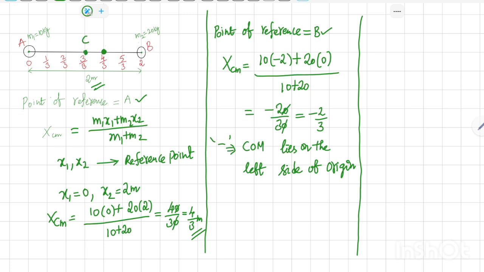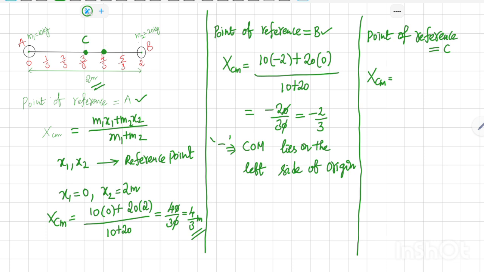So I am giving that point the name C. Now the point of reference is equal to C. Now, the point of reference is at origin. Generally, we consider it as origin. The rightward distances are considered as positive, and the leftward distances are considered as negative.